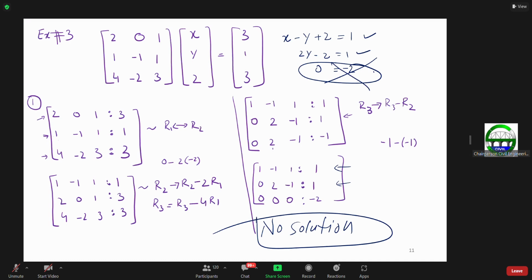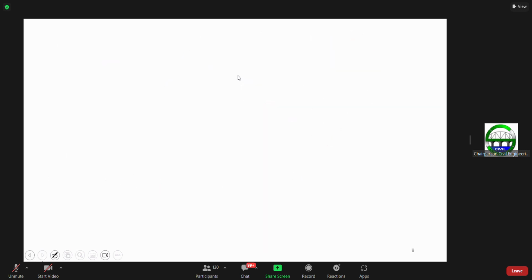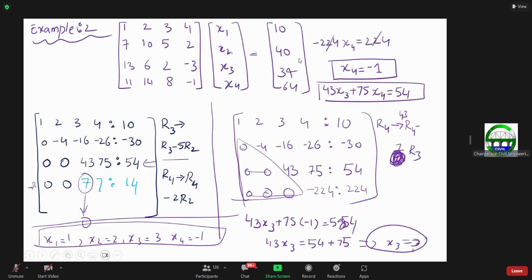Okay, so let's try to solve another example. In our example number 2, when we solved, we found a finite solution, and in example number 1 as well, we found a finite solution.